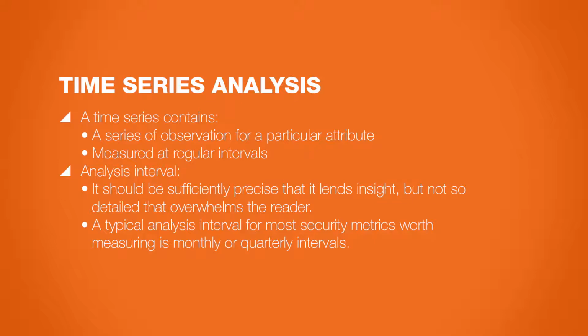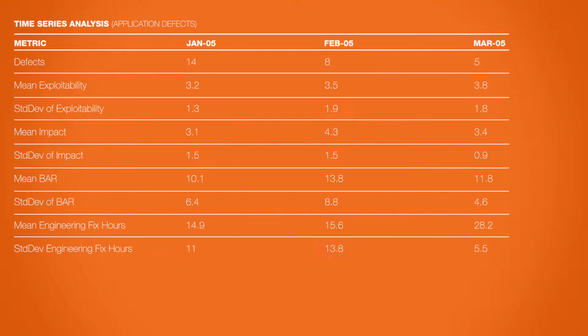A typical analysis interval for most security metrics worth measuring is monthly or quarterly. First, group and aggregate all records within the desired interval of time. Here, we use a monthly interval in this example. After aggregation, we can sort the result set by date, generally in ascending order, so that earlier entries appear first.